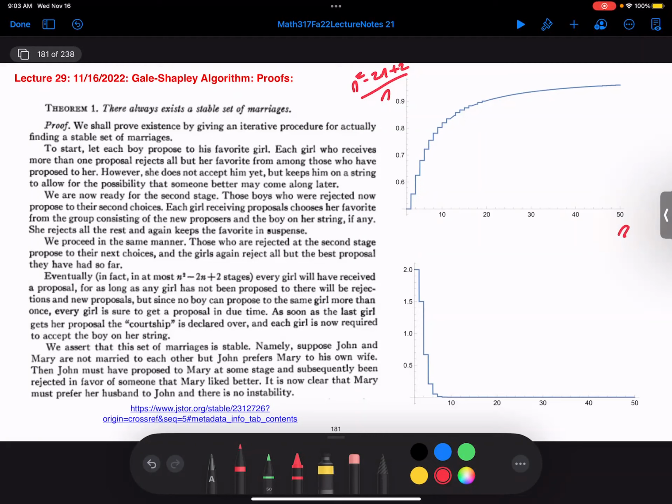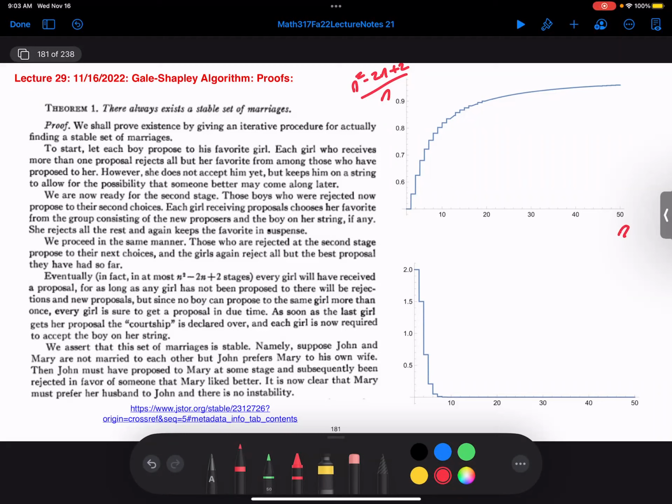How many ways could you assign or match n men with n women? Well, n choose n is 1, so that's saying there's only one way. n choose 2 would be, you take n objects and you choose 2 of them.